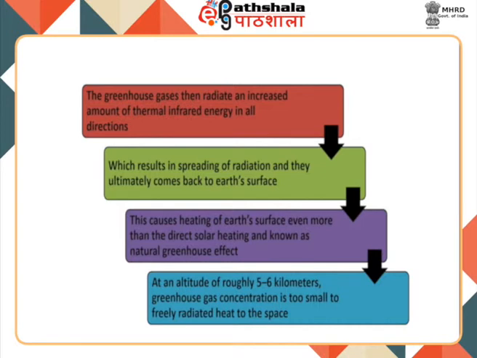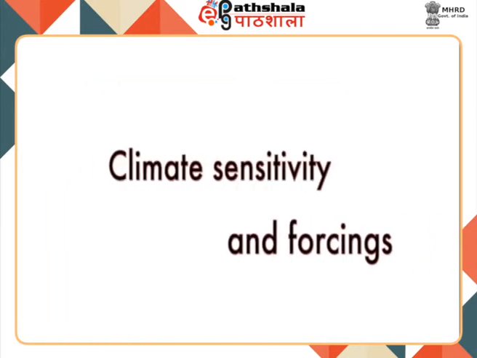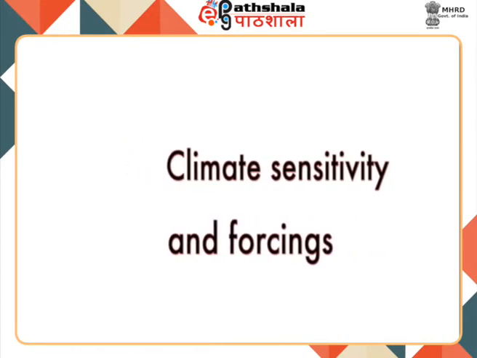This causes heating of the surface of the Earth even more than the direct solar heating. This is known as natural greenhouse effect. At an altitude of roughly 5 to 6 kilometers, greenhouse gas concentration is too small to freely radiate heat to space.